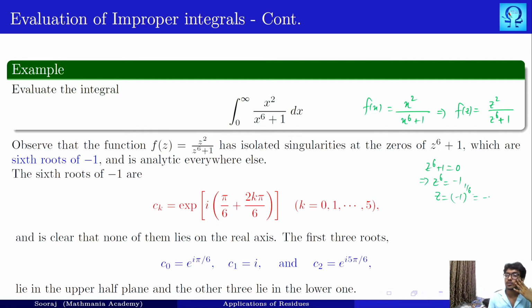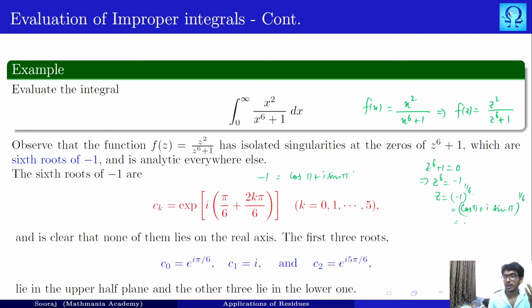Sixth roots of minus 1 means minus 1 multiplied with this thing. Or we can just write minus 1. If we have to write minus 1, this is cosine pi plus i sin pi, to the power 1 upon 6.